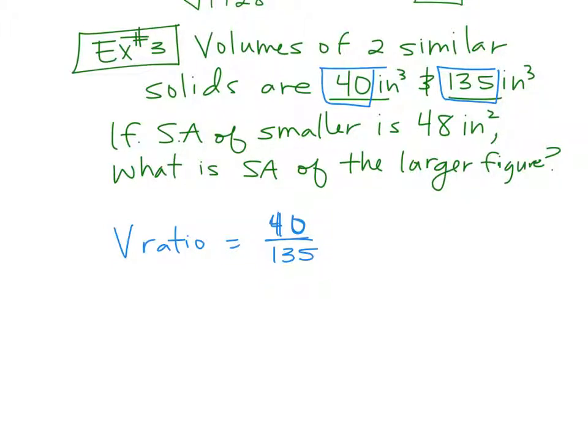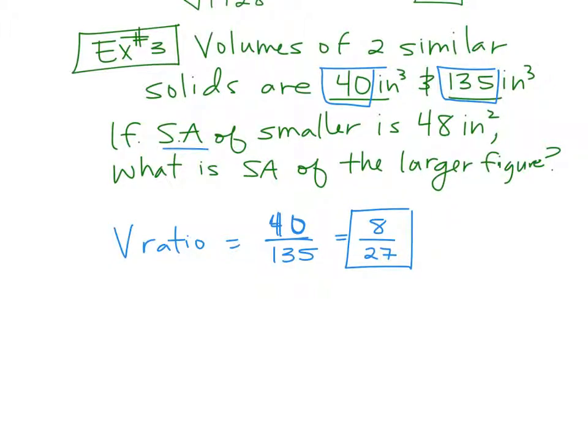You want to reduce. So 40 to 135, you can divide both of those by 5. So that is 8 to 27. And if you notice, when you do that, you get these beautiful numbers that are very easy to cube root. So that is my volume ratio right now.